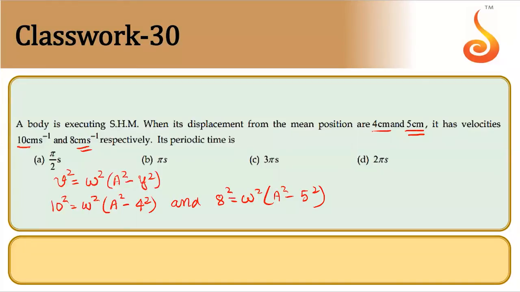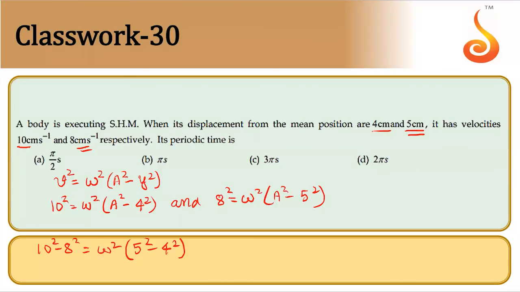So subtract the two equations. 10 square minus 8 square is equal to omega square a square minus omega square 4 square minus omega square a square plus omega square 5 square.